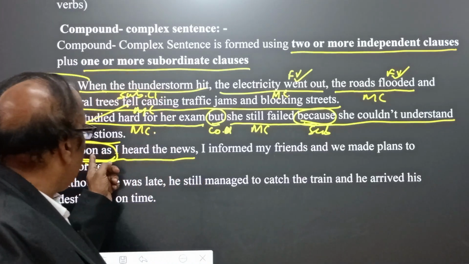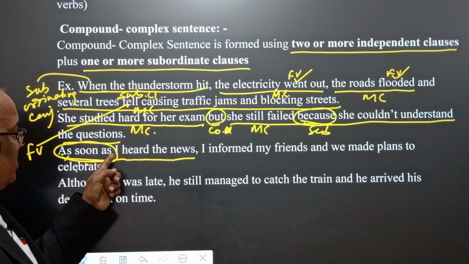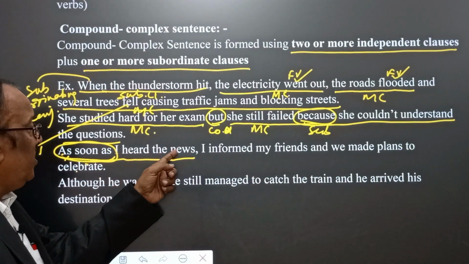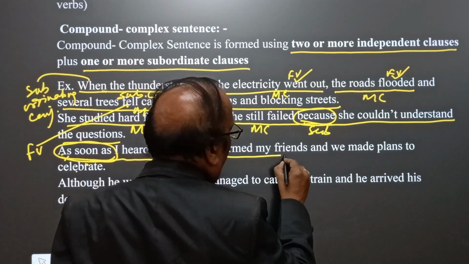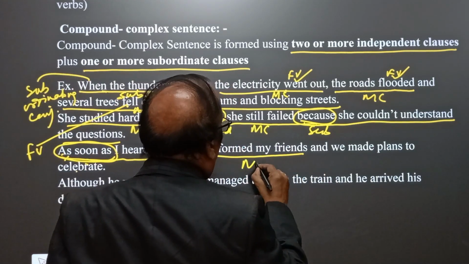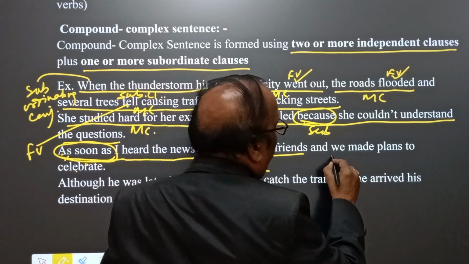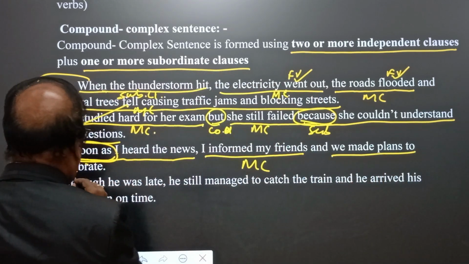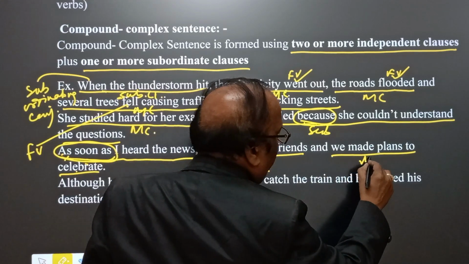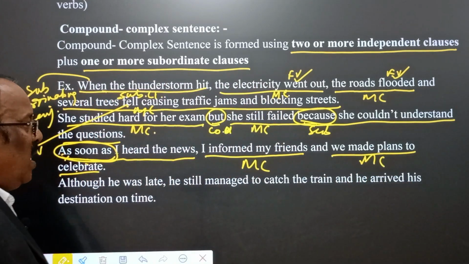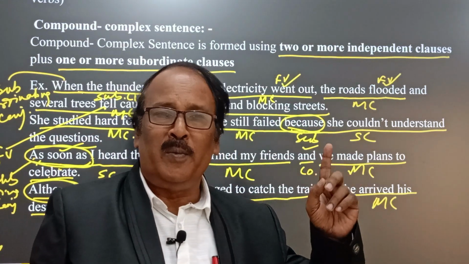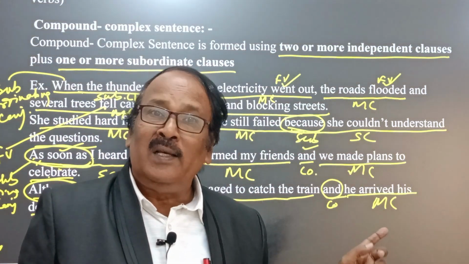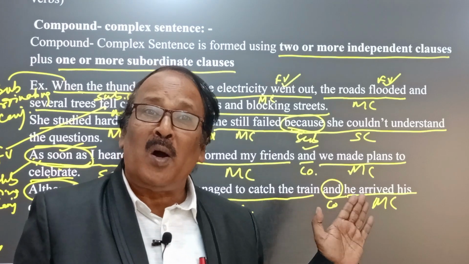It indicates adverb of time. As soon as I heard the news, I informed my friends, main clause, and we made plans to celebrate, also main clause. Here we find two main clauses and one subordinate clause to express this compound complex sentence.